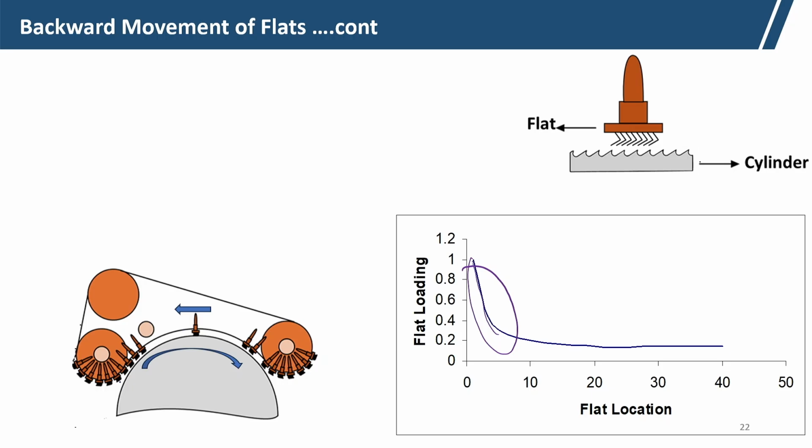But towards the end of the carding zone, here, at suppose the 40th flat, the load is very low, which means proper carding action will take place here. So, the cleaning action is improved here. Finally, if you see the quality or cleanliness of the sliver, it is improved in the backward movement of the card.